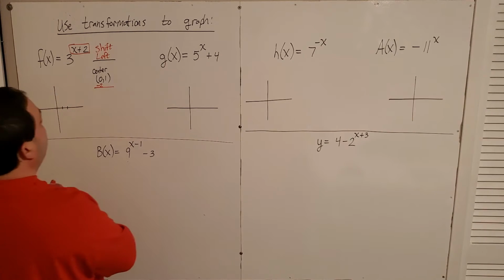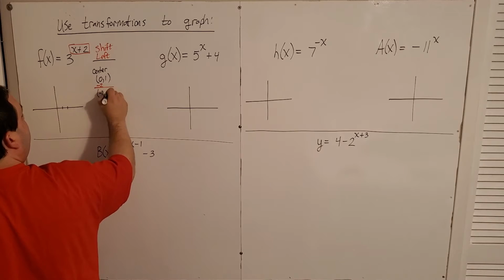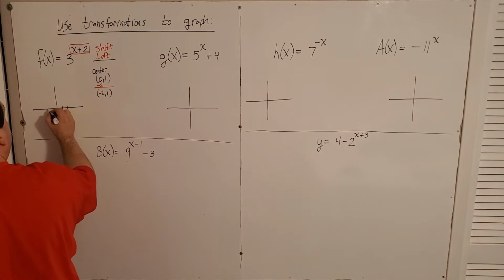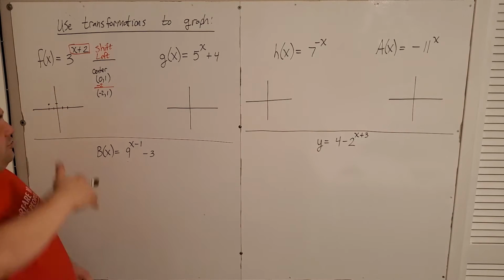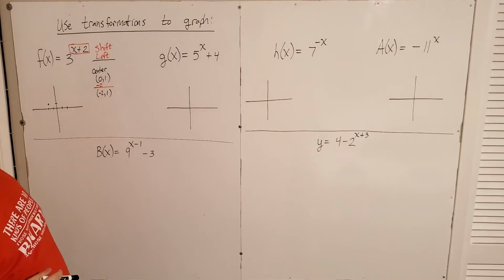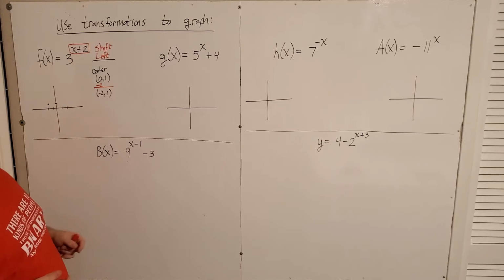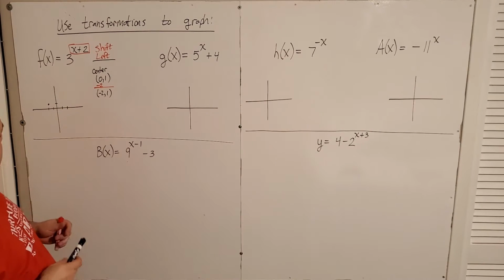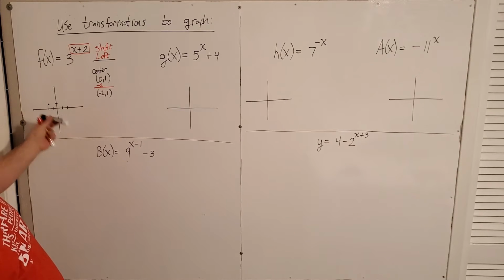So my new center point should be at -2, 1, which is right here. I didn't shift up or down, so that didn't affect any of my y-centered things, such as my horizontal asymptote. My horizontal asymptote is still going to be the x-axis.